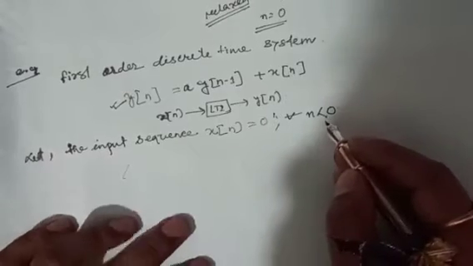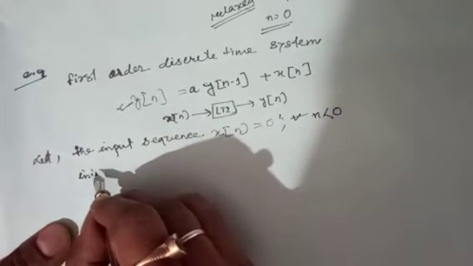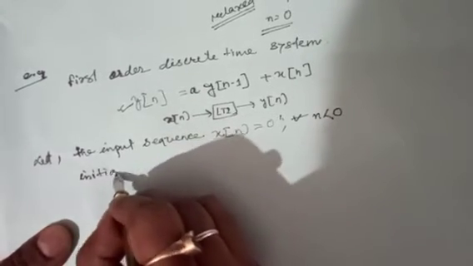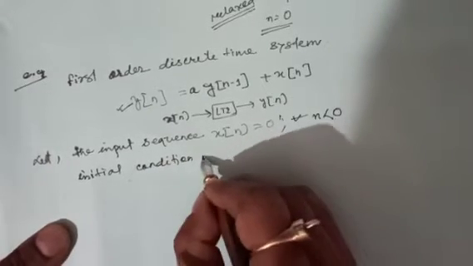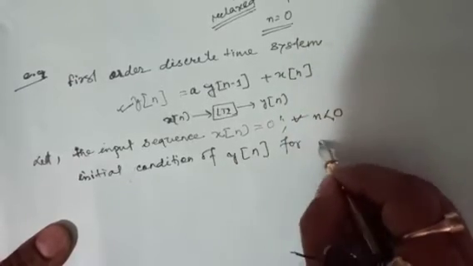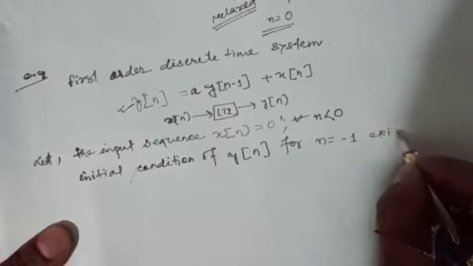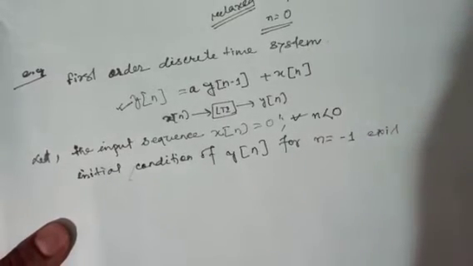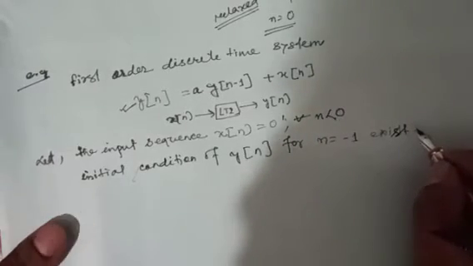And the initial condition of y of n, for say n is equal to minus 1, exists.